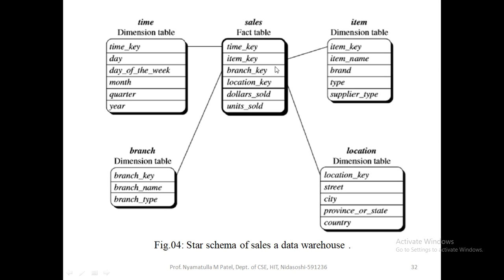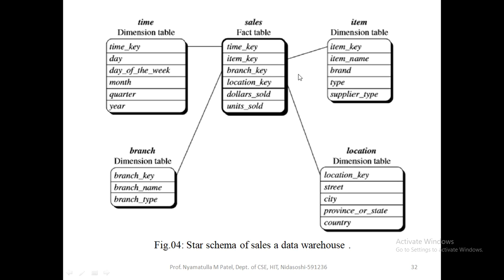As shown in figure 4, a star schema contains a large central table called the fact table, containing a bulk of data with no redundancy. Here sales is the fact table.